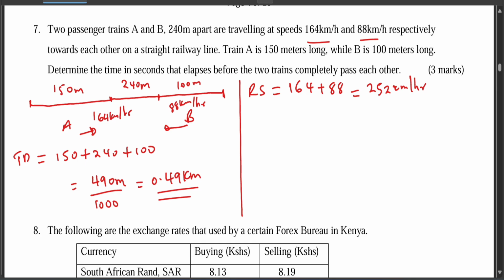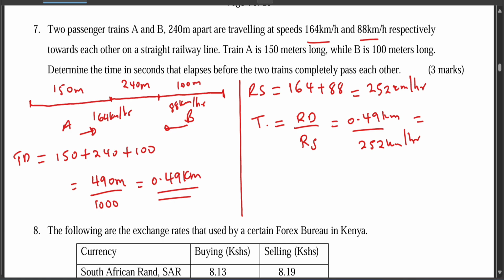Okay, so let's take the time taken, that's the time in seconds that elapses. So the time will be relative distance over relative speed, which is 0.49 kilometers divided by 252 kilometers per hour, to give you how much?